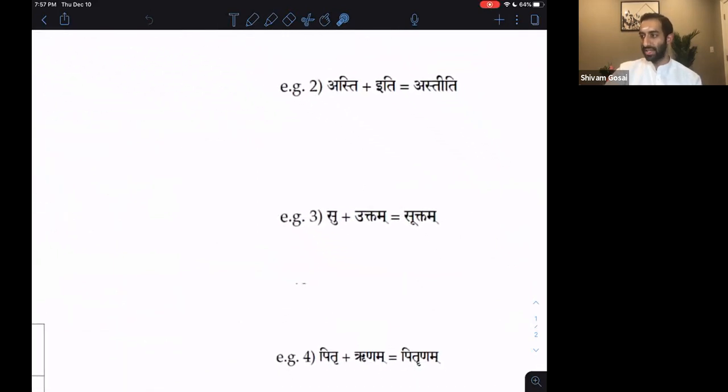Asti plus iti, astiti. Su plus uktam, suktam. Pitru plus vrinam, pitrunam. So short plus short equals long, long plus long equals long. It doesn't become extra long.